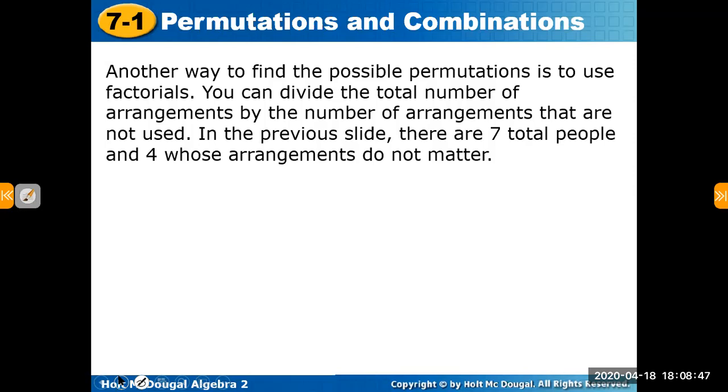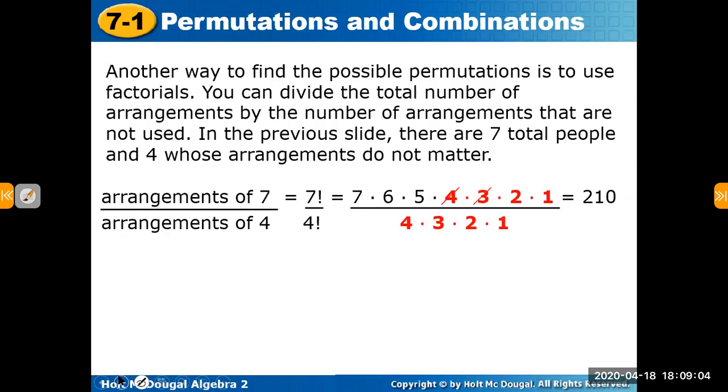And since I'm choosing only 3, that means 4 of them are not being used. So the arrangement of 4 people would be 4 factorial. So it should be 7 factorial divided by 4 factorial.